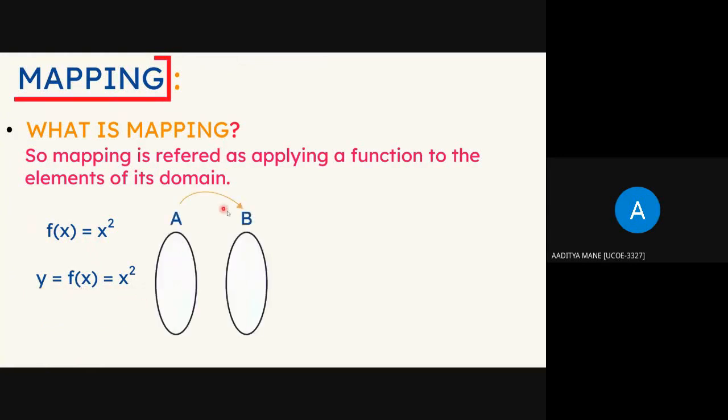Let's take two sets A and B, where A has elements of x and B has elements of y is equal to f of x is equal to x square. So actually what is happening here is the elements went through a function where y is equal to f of x, which is x square. So we can also call it a map.